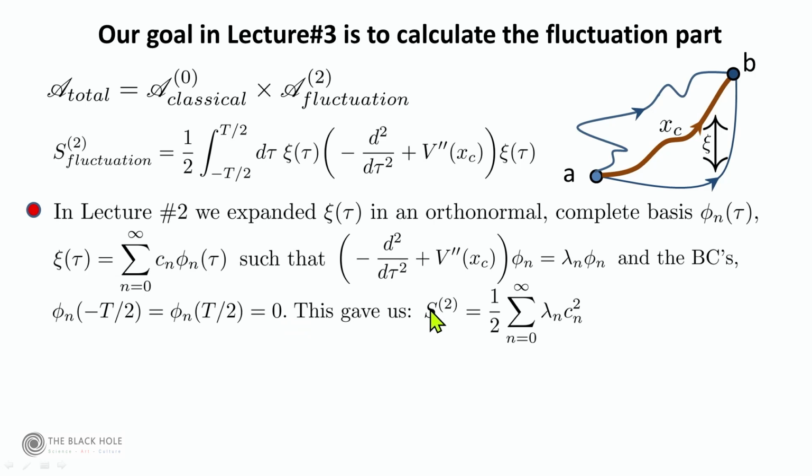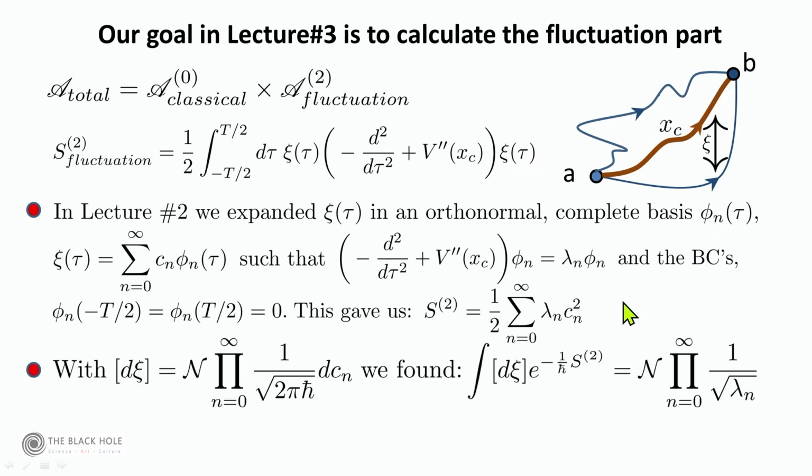So now you stick for xi over here the complete basis set phi n, and this is what you get.